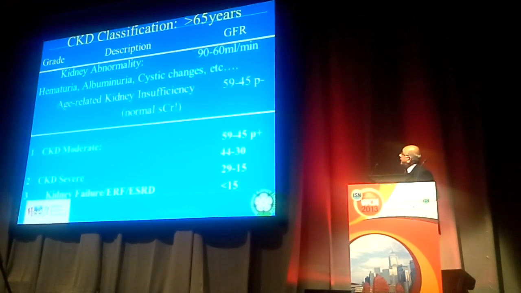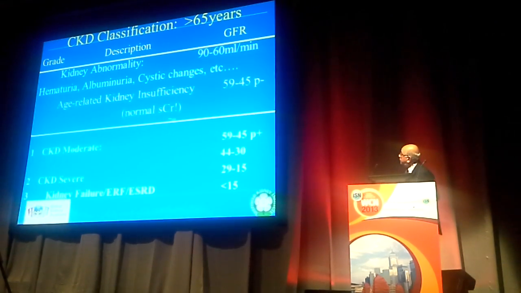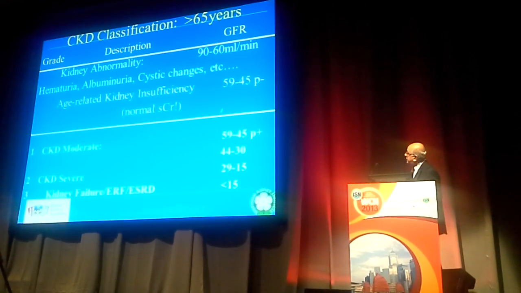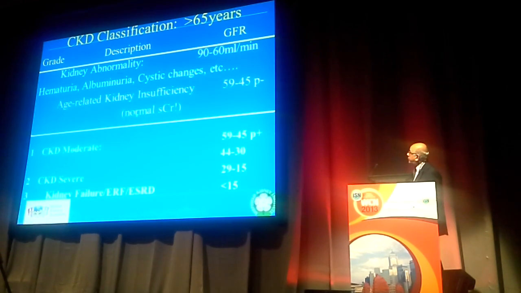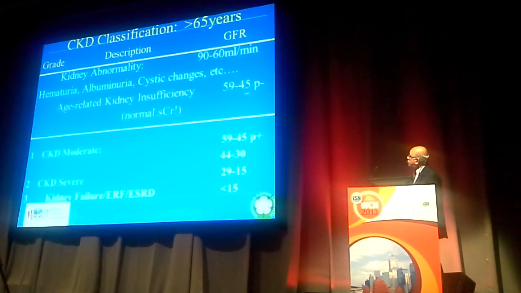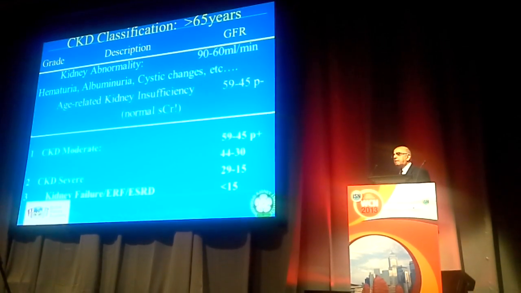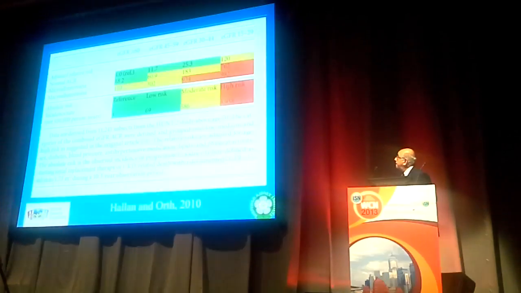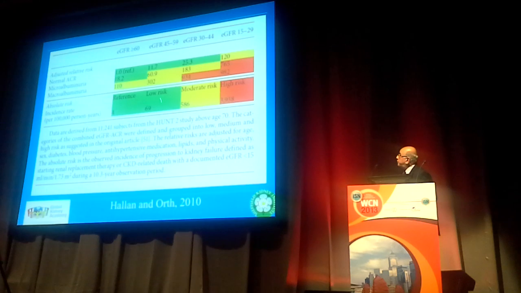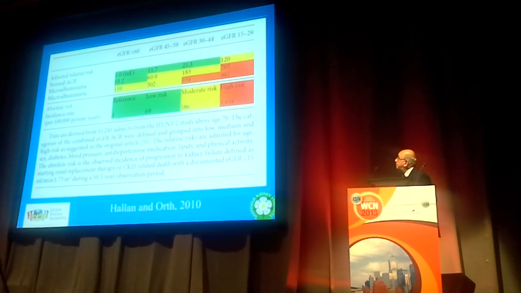Where it gets more complicated is in the over 65, because you've got this group of age-related declining kidney function who very often have a normal serum creatinine, an estimated GFR, which should be accurate with CKD-EPI, and less biased than it was with MDRD, between 45 and 59. Now these have a good prognosis in the absence of proteinuria.